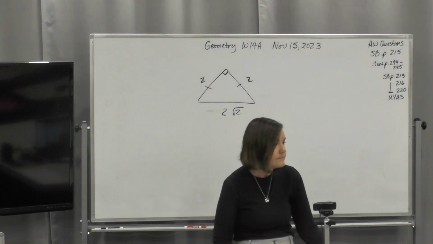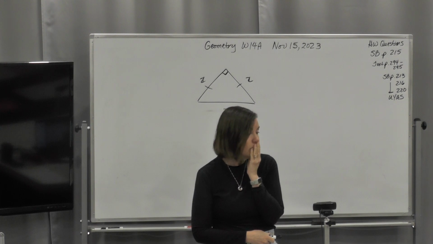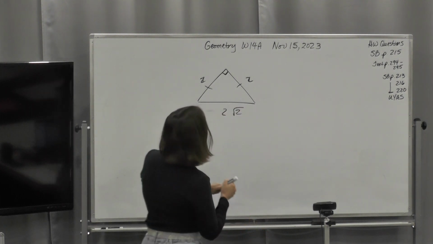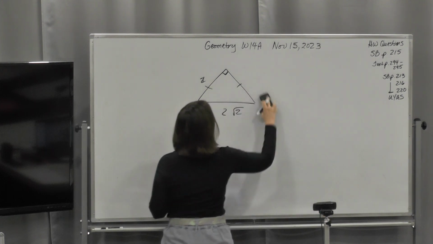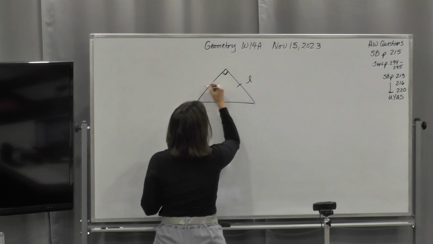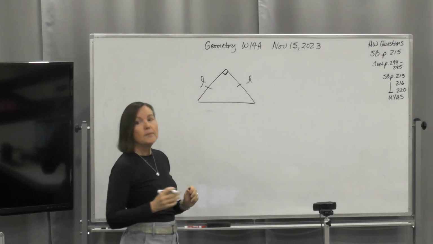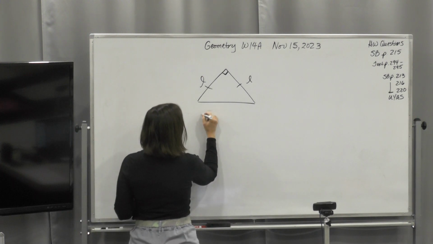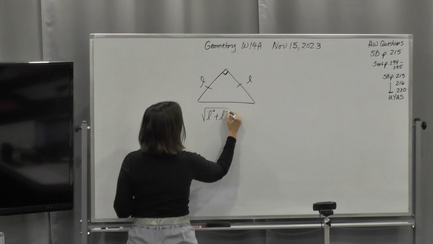Oh, if the 2 sides, right now it says 2, but is it n, so it will be n root n? Well, no. Okay, I'm going to refer to this as a leg. If this is a leg, and this is a leg, this would be the square root of one leg squared plus the other leg squared.